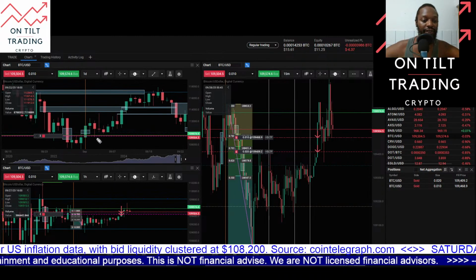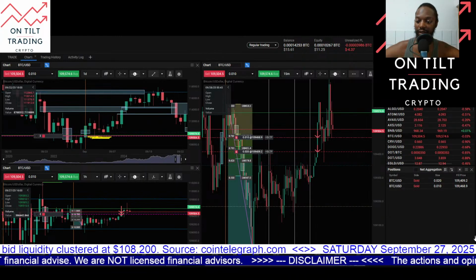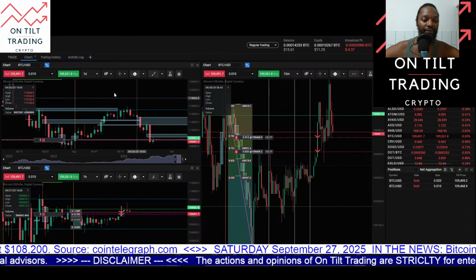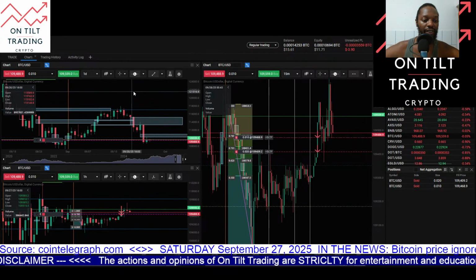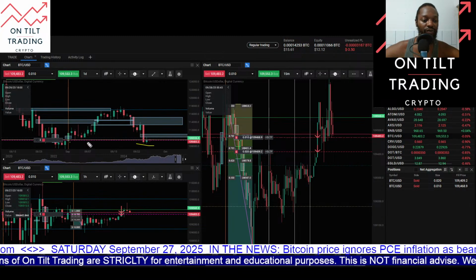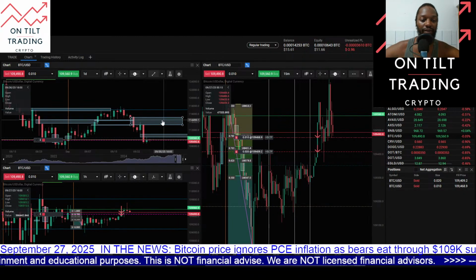So there was all sell side liquidity resting below here, and then the price delivery algorithm swept that liquidity out of the market with these candles here sweeping out this sell side liquidity.